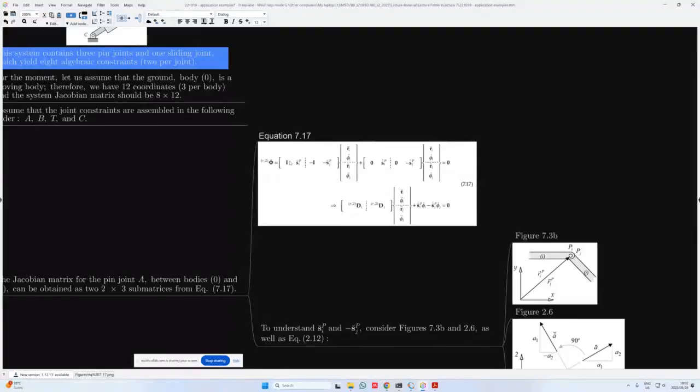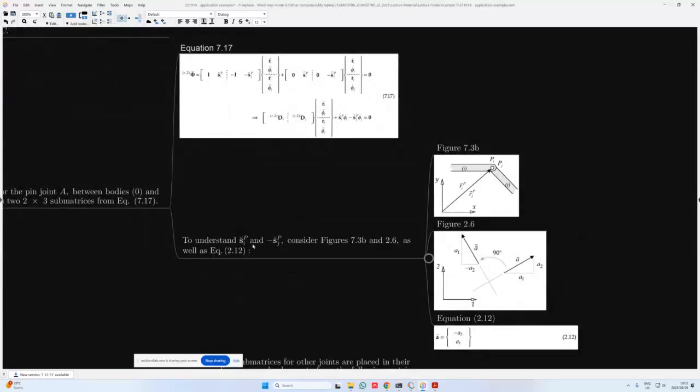So we have the Jacobian for body I, the Jacobian for body J, and then we multiply this with our combined acceleration vector for bodies I and J, plus then we have what we consider a multiplication with the actual velocity vector of the system. And we can simply rewrite this in the compact form in 7.17 as well.